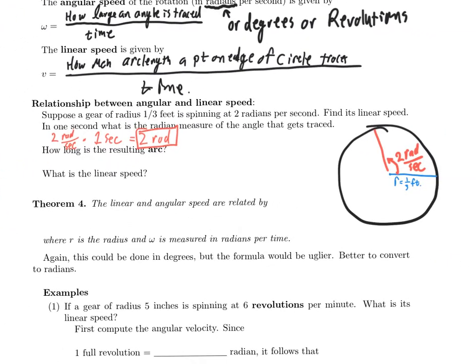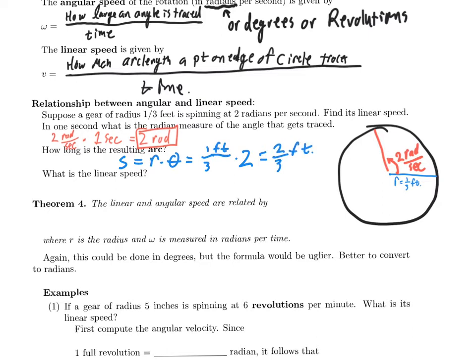Well, we have a formula for arc length. The arc length S is equal to the radius times the angle. So S is 1/3 of a foot times the angle, which is measured in radians, so we don't need to do any converting, is 2. That's 2/3 of a foot.